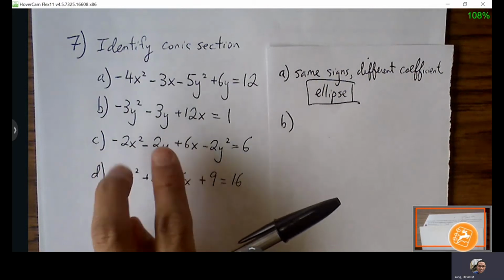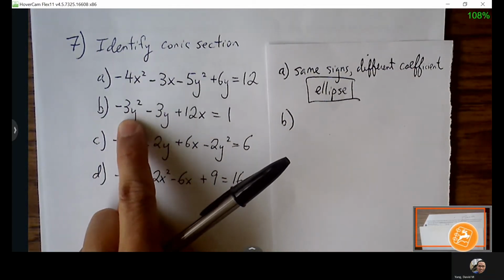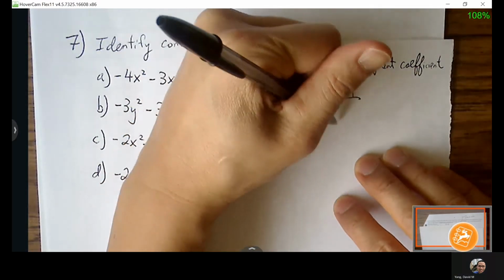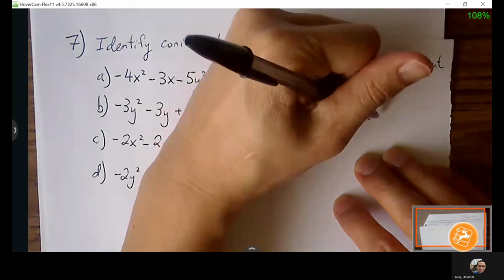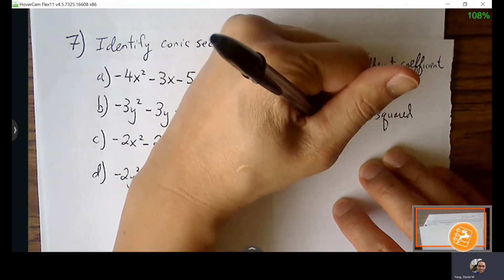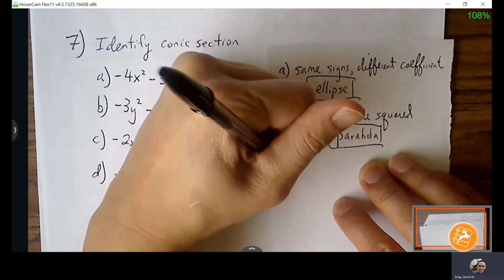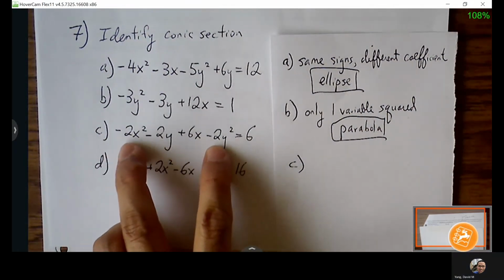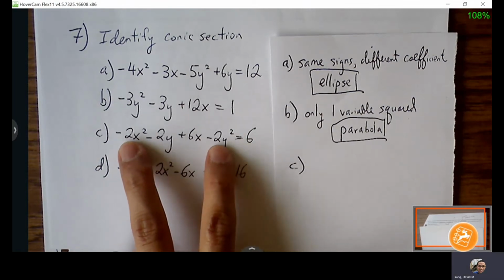Part B is easy. Only y is squared. Parabola, yeah. Part C, x squared and y squared, same signs, same coefficients.